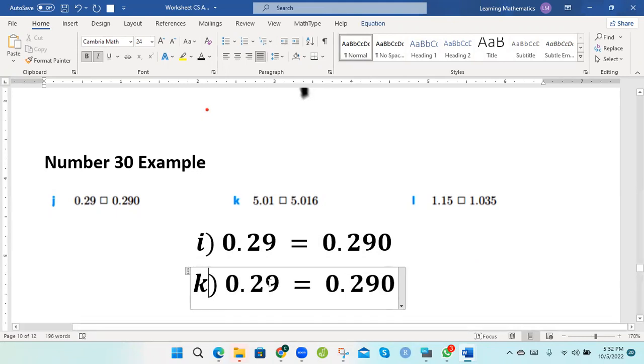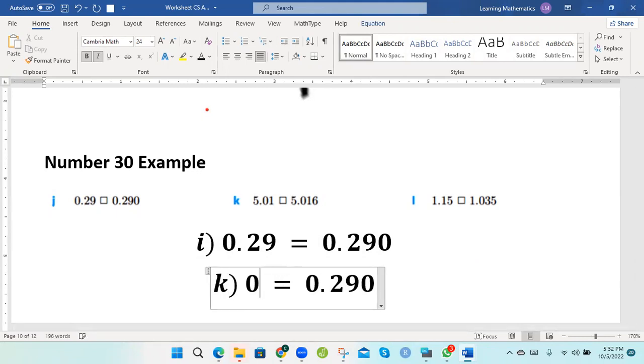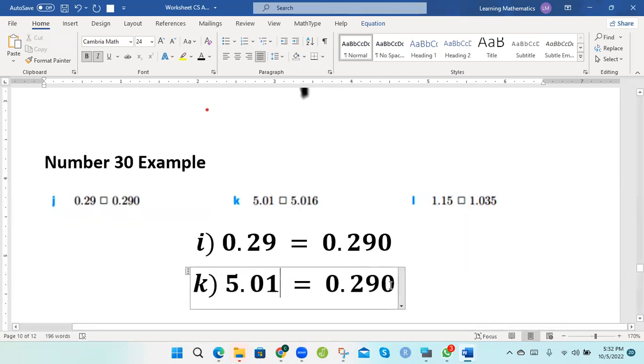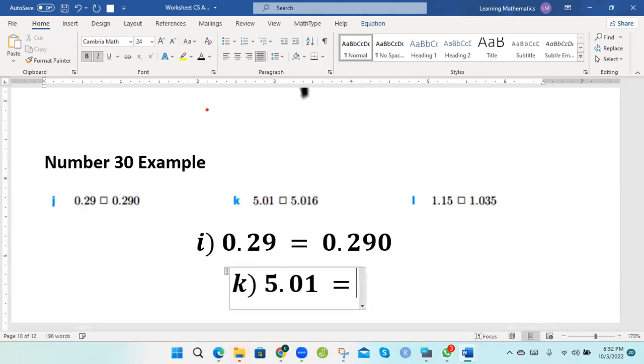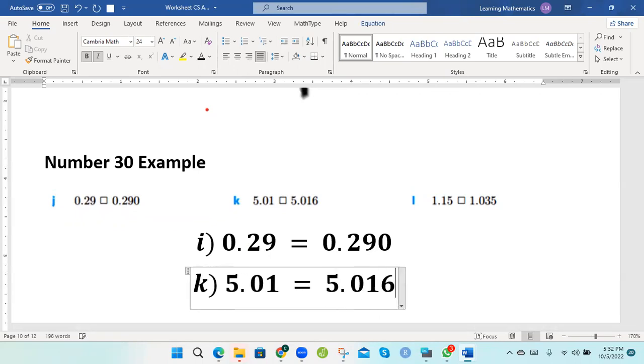We are talking about 5.01 and we are talking about 5.016. 5.01 is clearly not equal to 5.016. One is greater than the other. One is less than the other.